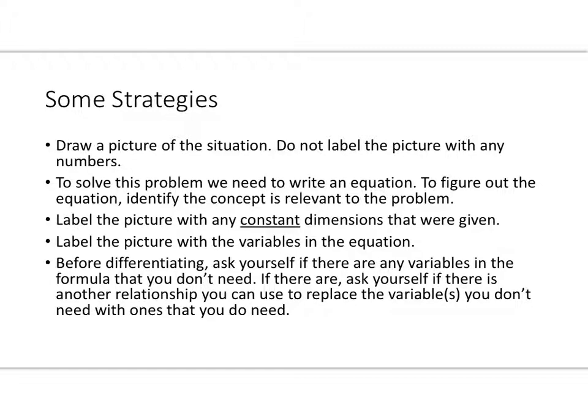So I know it has to do something with the volume. Then I'm going to label the picture with the constant dimensions, which we did. That was that radius. And then I label the picture with the variables in the equation. I labeled the rate, and I didn't label the h. We're going to go back and label that. And then once I get everything set up, I want to differentiate my equation with as few variables in it as possible.